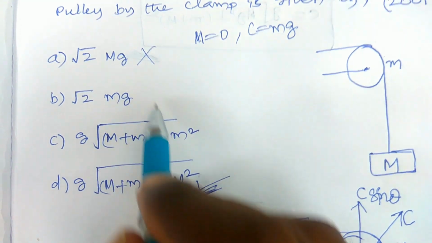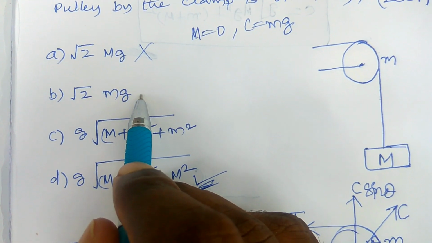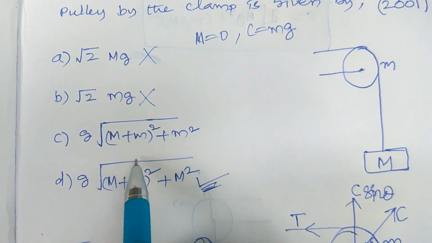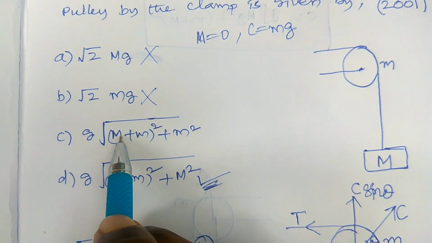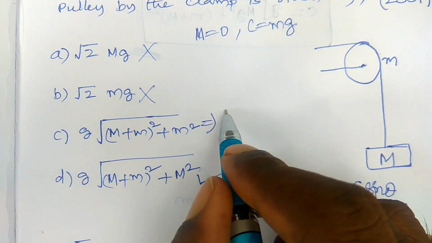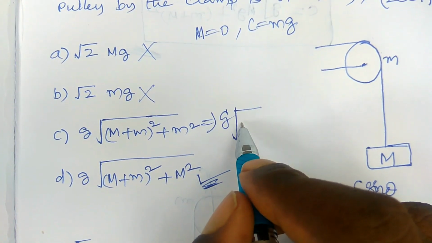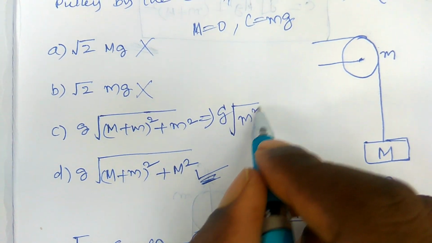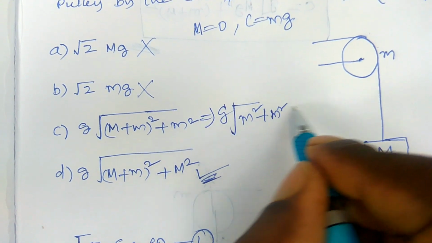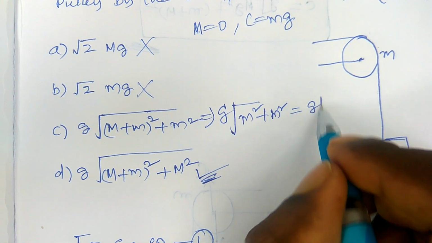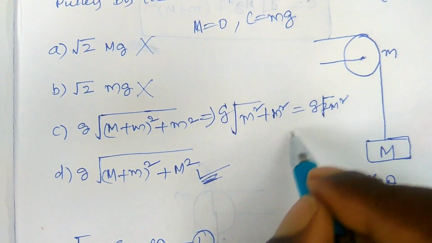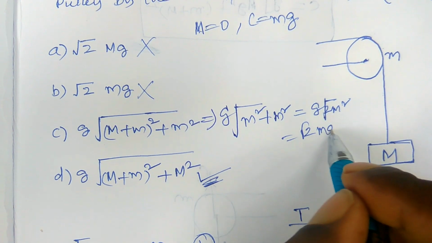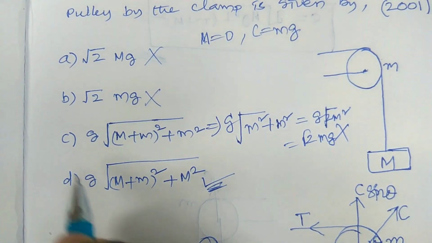This is not our answer. Here there is no capital M, so then it is also not our answer. So here 0 plus m square gives g into under root of m square plus m square. It is 2m square, so g into under root 2m square. It is root 2 mg. So this is also not our answer.